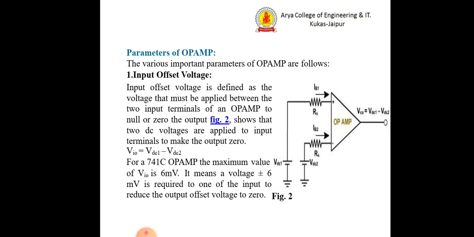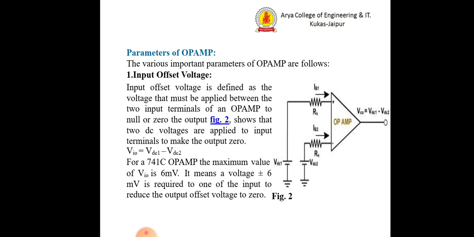First of all, we already discussed in an earlier class the input offset voltage. It is the voltage that must be applied between the two input terminals of the op-amp to null or zero the output. Figure 2 shows that two DC voltages are applied to the input terminals to make the output 0.